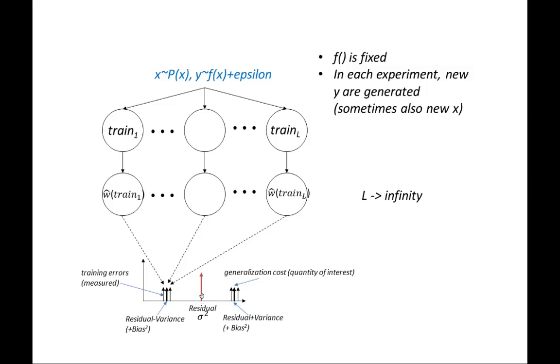Whereas the test set error of the models considered here will be the residual plus the variance, and the difference between training and test set performance will be two times the variance. The performance of the best possible model is in the middle, in the case where we don't have bias. If there is bias, it's a little bit more complicated.